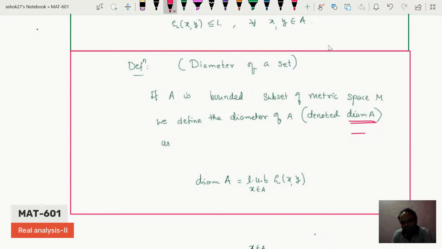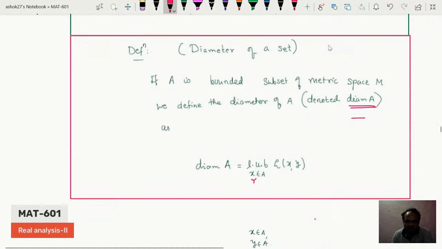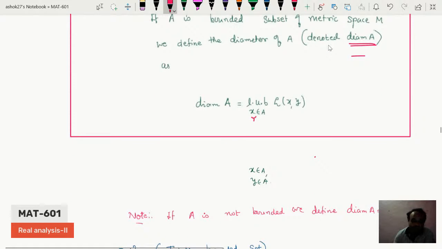The notation is diam A, defined as the least upper bound of all rho(x, y), where x and y vary in A. It is the smallest upper bound of all distances. So naturally, it will be the largest distance, between the farthest points you can consider. Here both x and y are elements of A.